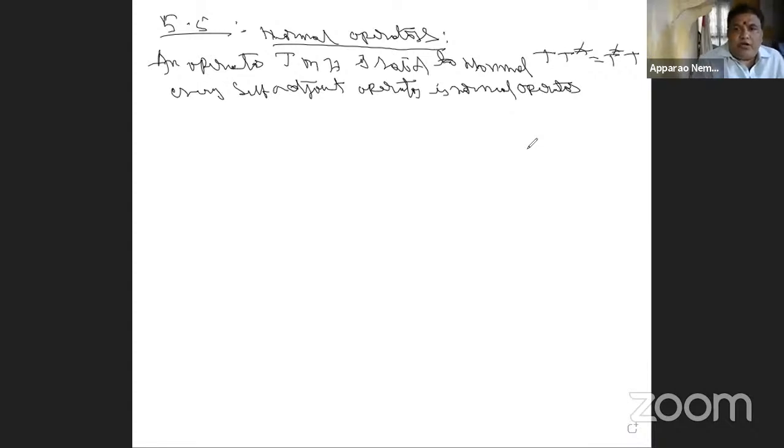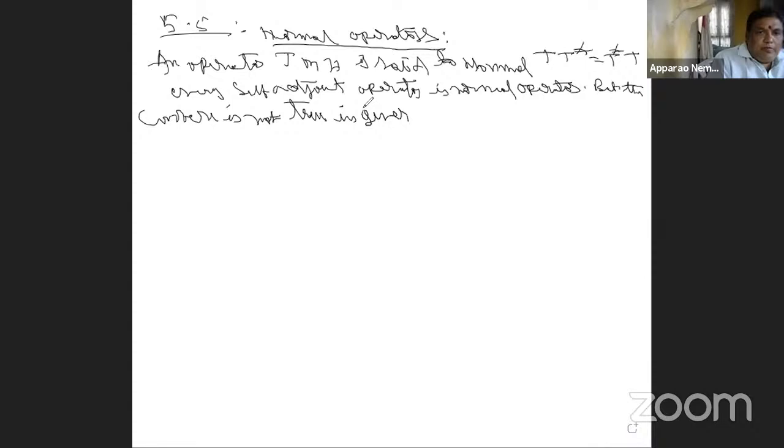Converse is not true in general. So next, 5.5.2.